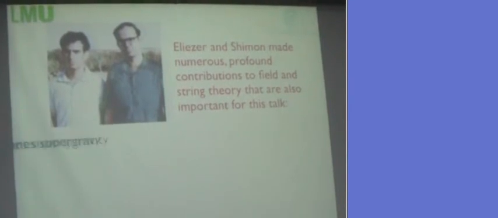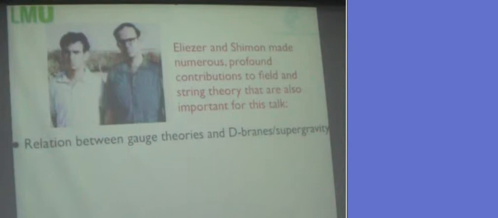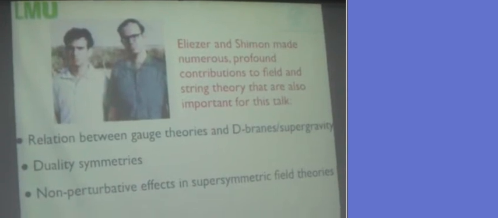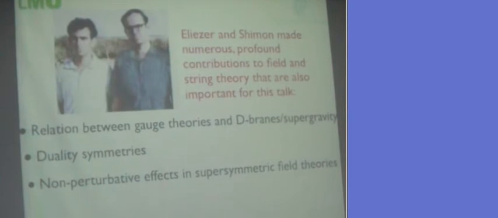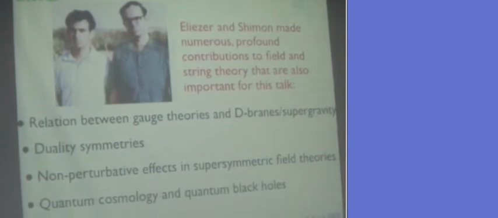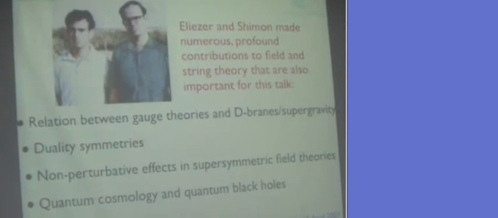So I'd like to mention in particular the relation between gauge theories and D-branes, respectively supergravity, duality symmetries, non-perturbative effects in supersymmetric field theories, which will become important later during the talk, and of course quantum cosmology, quantum black holes, and many other nice and important things.